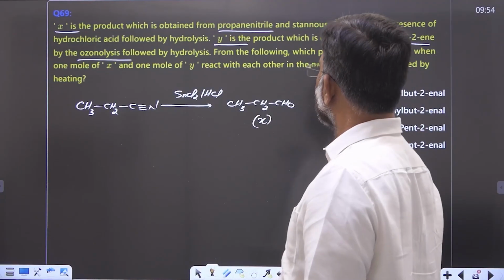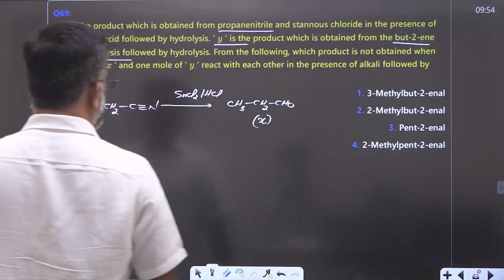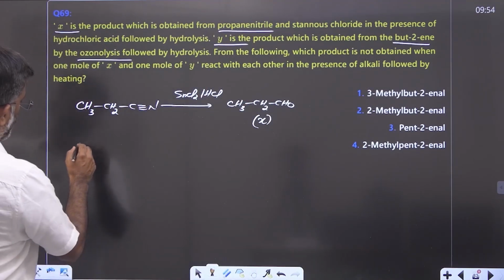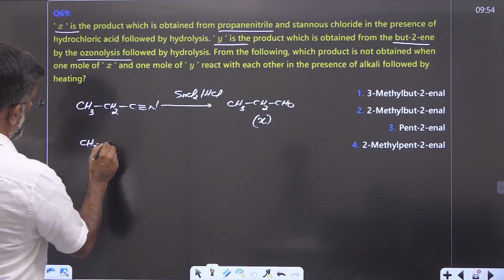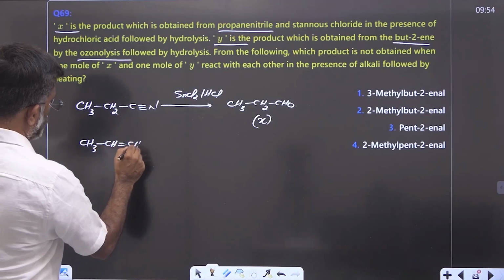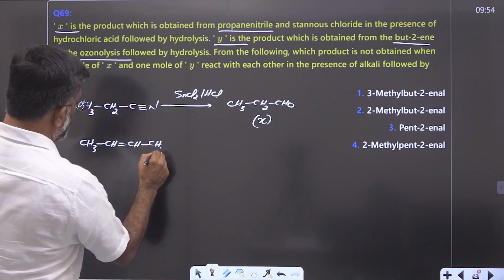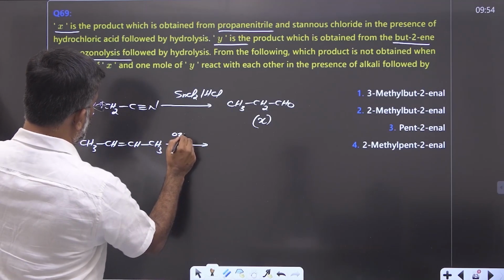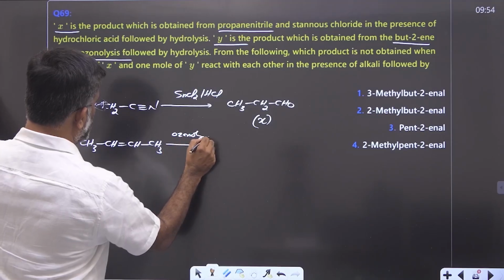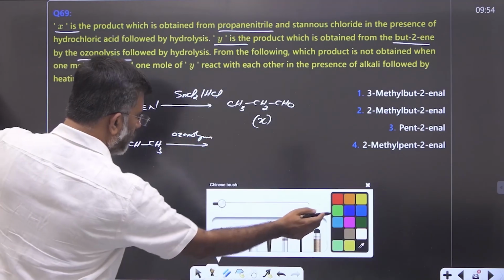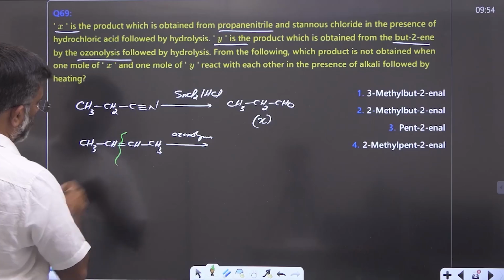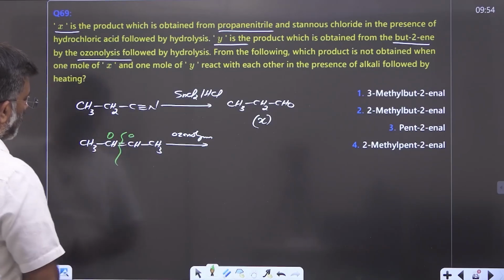Now, Y is the product obtained from butene undergoing ozonolysis. CH3CH=CHCH3 treated for ozonolysis. Everybody remember, it's going to break over here and you get the product like this.